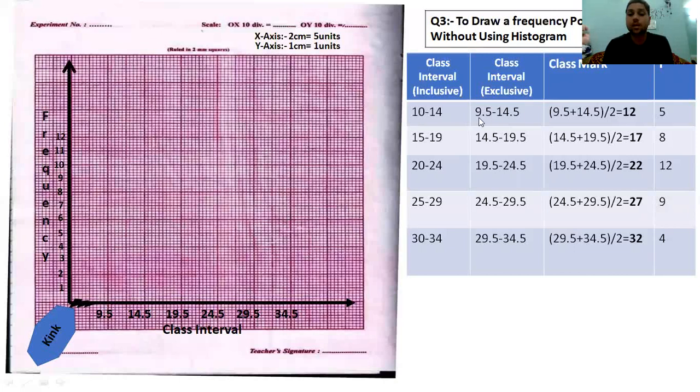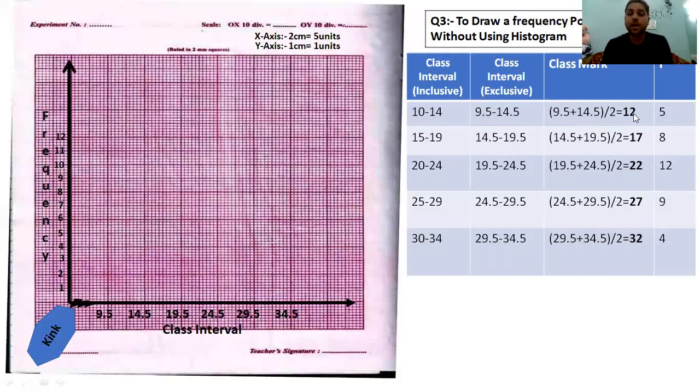Again, this series does not begin from 0 and the class size is 5, so we apply the kink here to cover the whole distance. The first number is 9.5, then 14.5, 19.5, 24.5, 29.5. Now we have to find all the class marks: add lower limit and upper limit divided by 2.